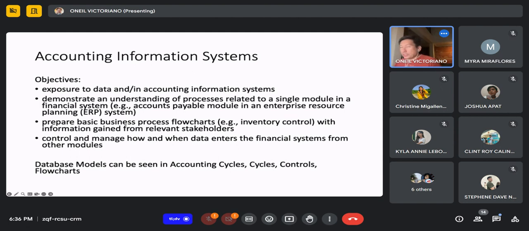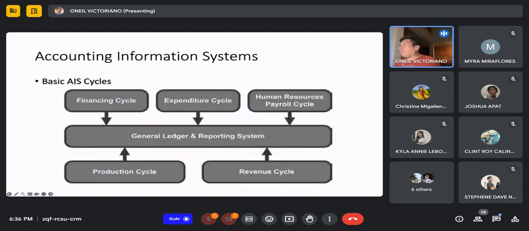It's just a quick review. So again, AIS is composed of different cycles, particularly five, actually six, but sometimes the others are merged. So it starts with the financial cycle in which there's investment. And then that's part of the financial cycle.